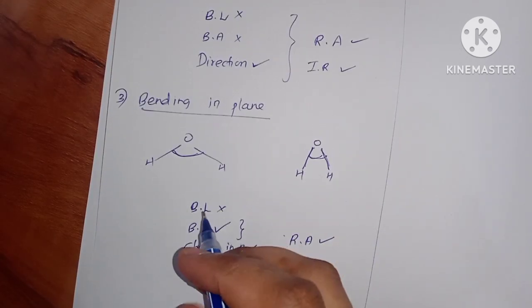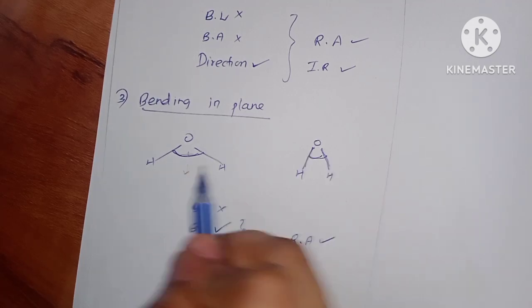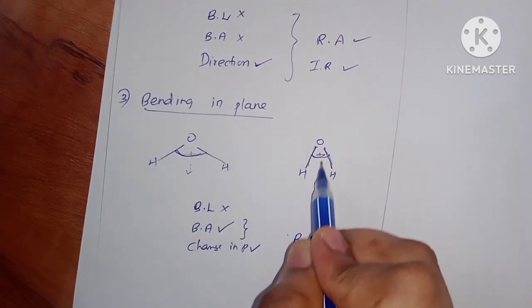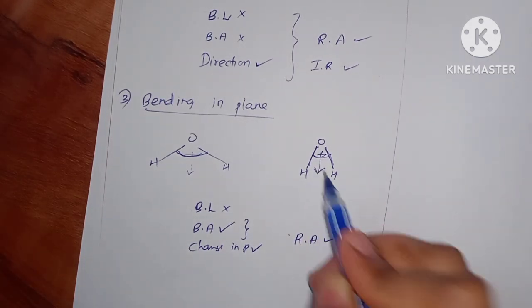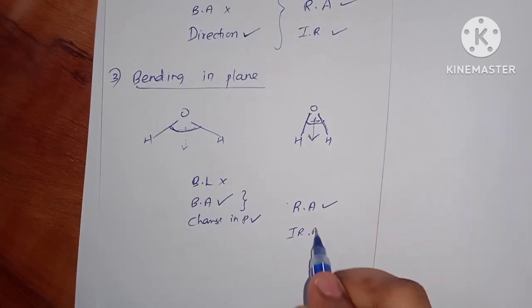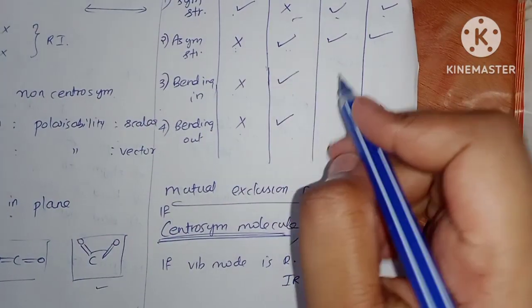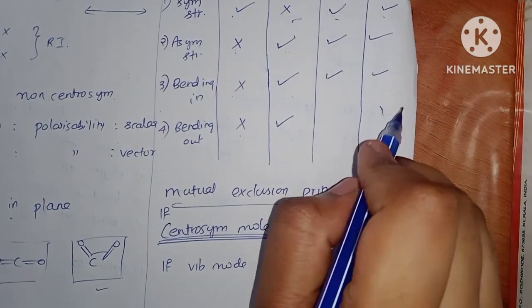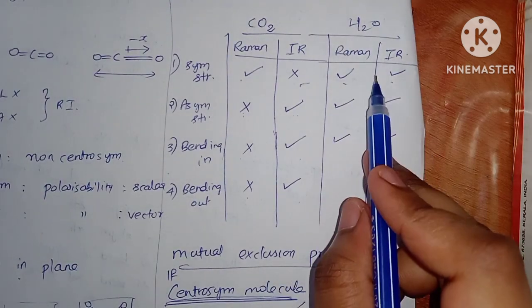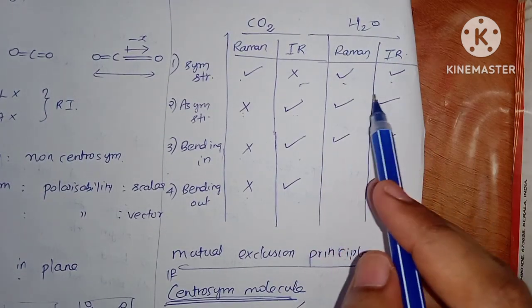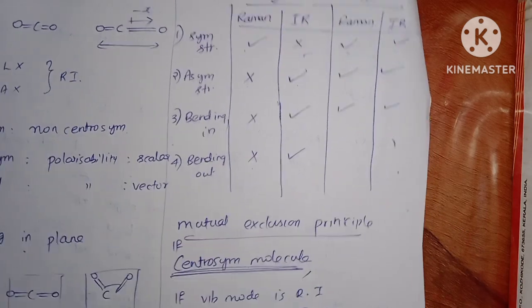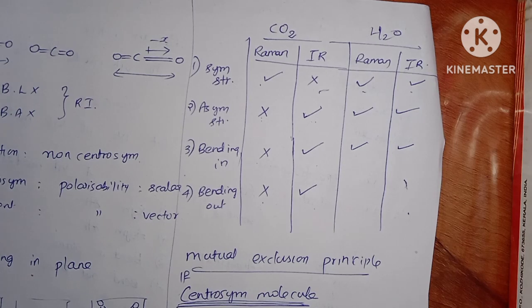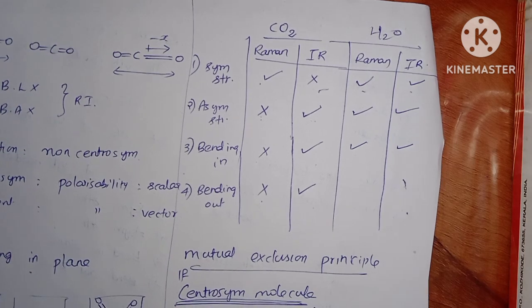And coming to IR activity, the dipole moment is like this. Here also the dipole moment is changing, so this is IR active also. So we can write here that the third, bending in plane mode, is also both IR and Raman active. So for the H2O molecule, all the modes are Raman active and IR active also. But when we do Raman spectroscopy experimentally, the result may change from this theoretical explanation.